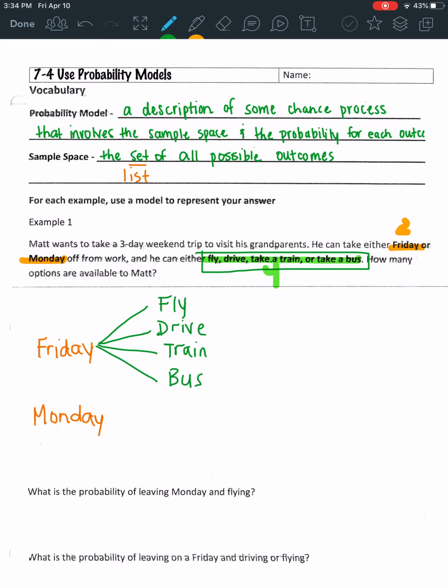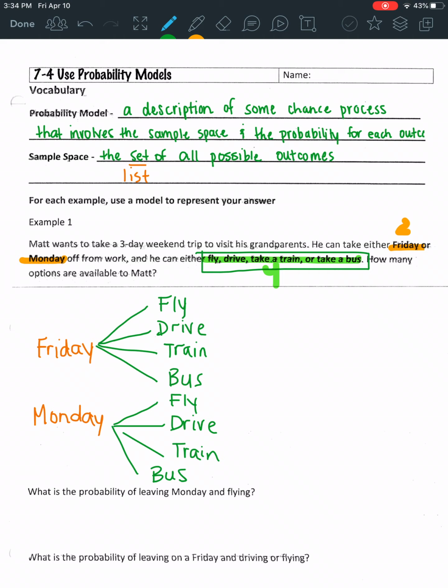Now, let's say instead of choosing Friday, he said, nah, I'm going to take Monday off work for my 3-day weekend. Now, the second thing he has to choose is how he is going to get there. Well, they're still the same 4 options. He can either fly, drive, take a train, or take a bus. So what we just did was a tree diagram.